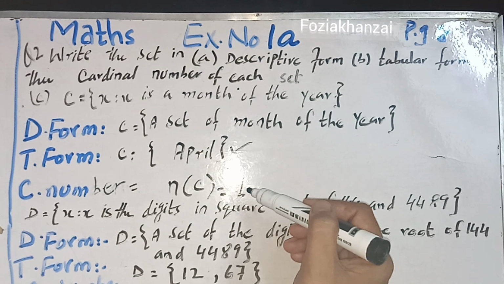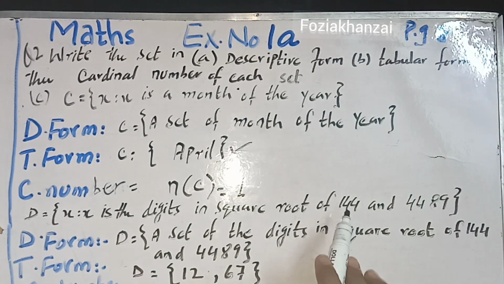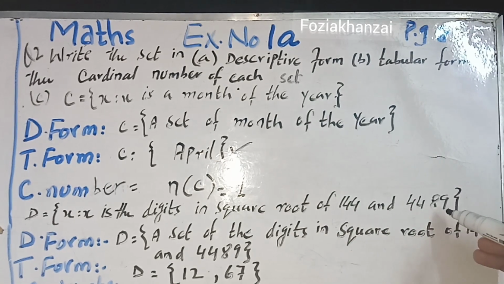Now part D: x such that x is the digits in the square root of 144 and 4489. Remember, square means the same number multiplied by the same number. So we take out the square root of 144 and 4489 in a rough column.